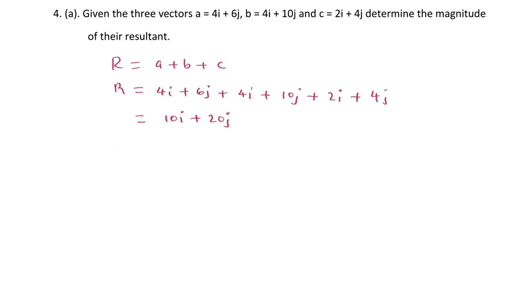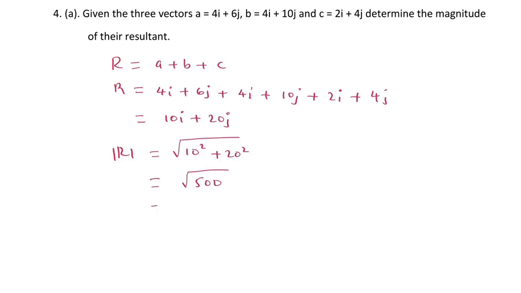To find the magnitude of R, we take under root 10 squared plus 20 squared. Let us solve this. We have under root 500.